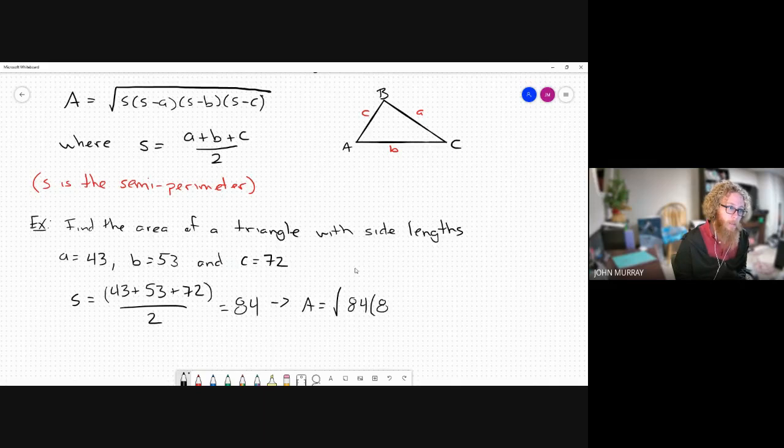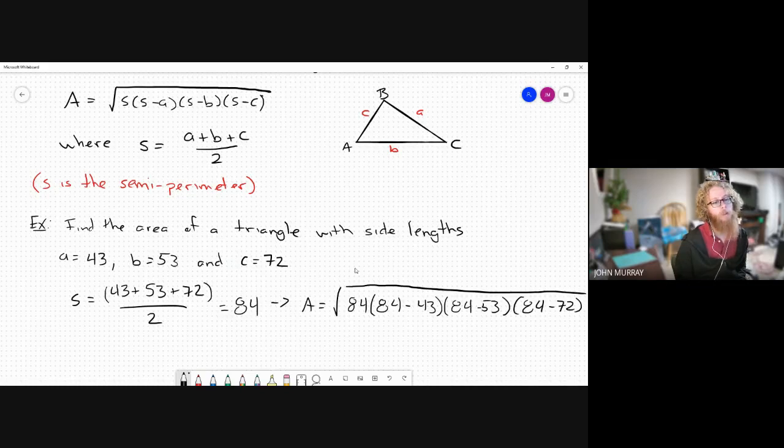Then we're going to set it up where we subtract all of our sides from 84. So I have my area is equal to the square root of 84 times 84 minus 43 times 84 minus 53 times 84 minus 72.